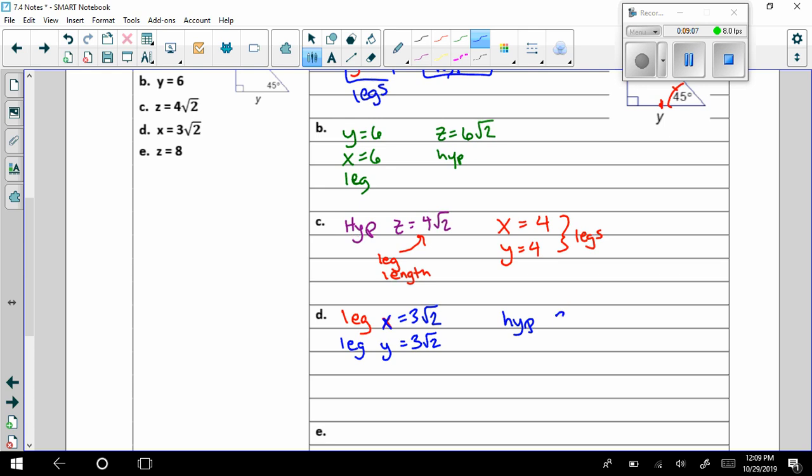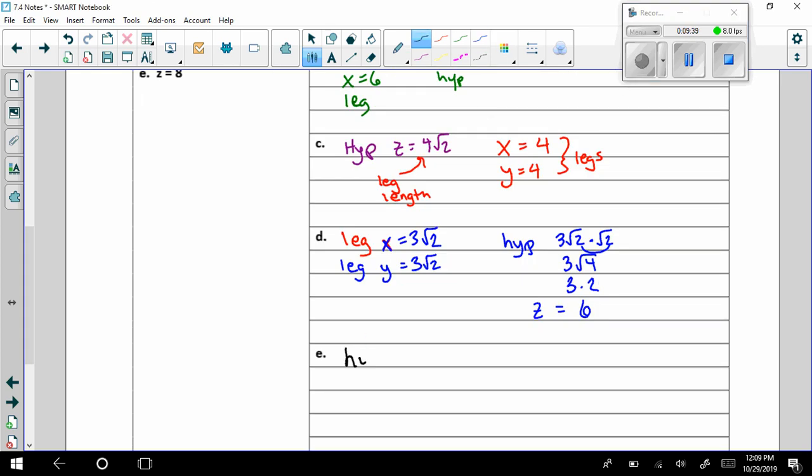So we would take 3 square root 2, our leg length, and multiply it by the square root 2. When we have square root times square root, we can go underneath. So we have 3 times the square root of 4. The square root of 4 is 2, so we have 3 times 2, which is 6. So the hypotenuse is equal to 6, and your hypotenuse is z.